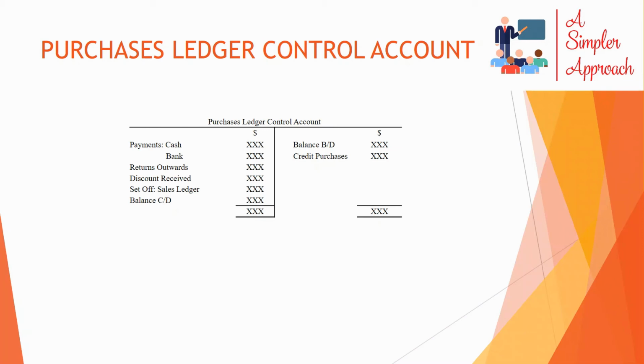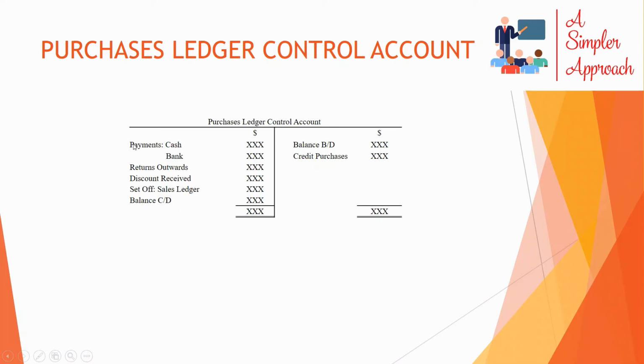So you would credit the cash account and you would debit the creditor's account. So if the creditor's name is Jason Myrie, we would have debited Jason Myrie's T account and we would have credited the cash account.